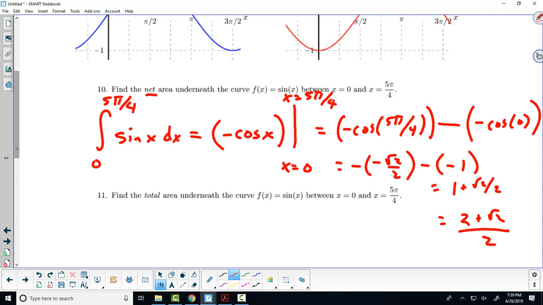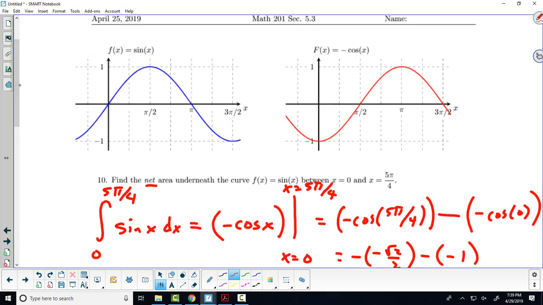All right. Graphically, what did we just do? Graphically, we just computed this net area right there. That's what we were asked to do. But in practice, what did we actually do? We found the distance between here, what's that ordered pair?